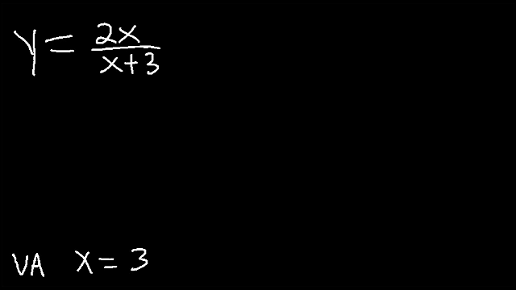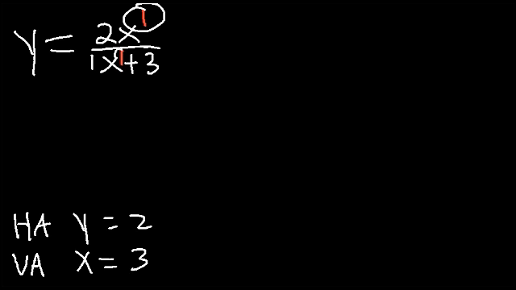Now the horizontal asymptote, notice that the degree of the numerator and the degree of the denominator are the same. When you see that, the horizontal asymptote is just going to be 2x over 1x, so it's simply going to be 2. If the function is bottom heavy, meaning that the degree of the denominator is higher than that of the numerator, the horizontal asymptote will be y equals 0.